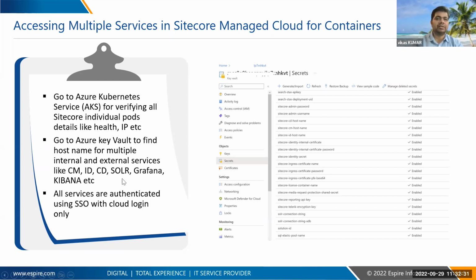Sitecore has built it in such a way that you don't have to look for another set of credentials to go on to those external services. They will be authenticated with your cloud credentials only. So this is an important thing to note down.